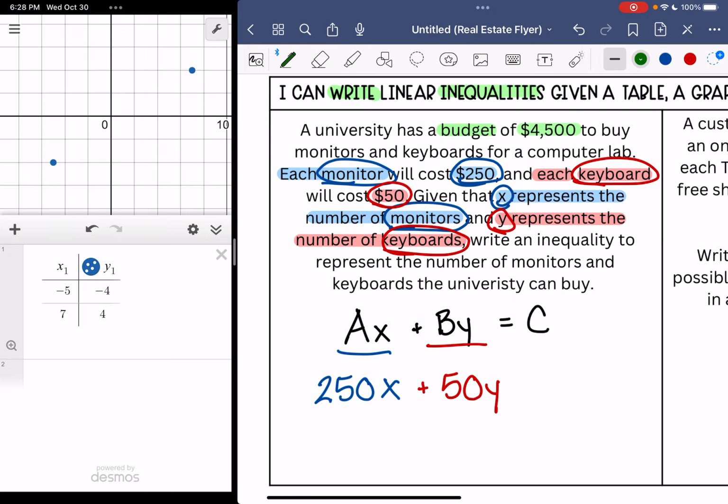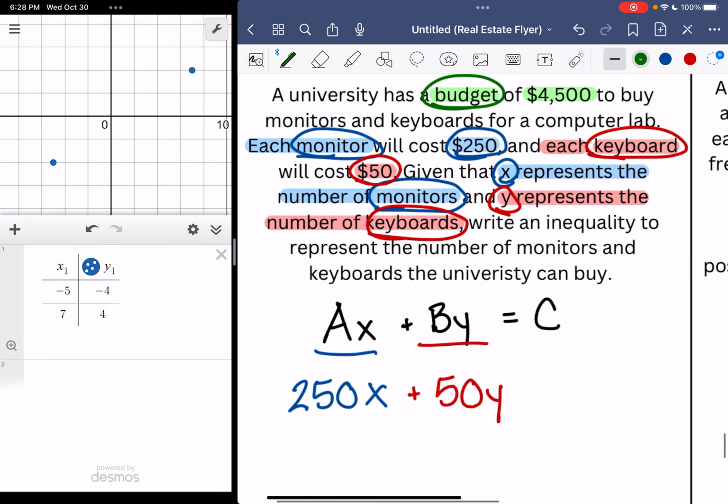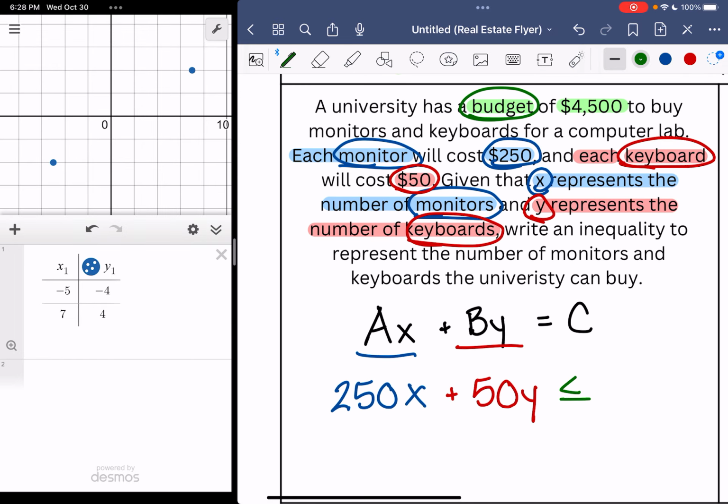Let's finish up with this inequality. We have a budget. A budget is a less than or equal to symbol. Budget of $4,500, just like that.